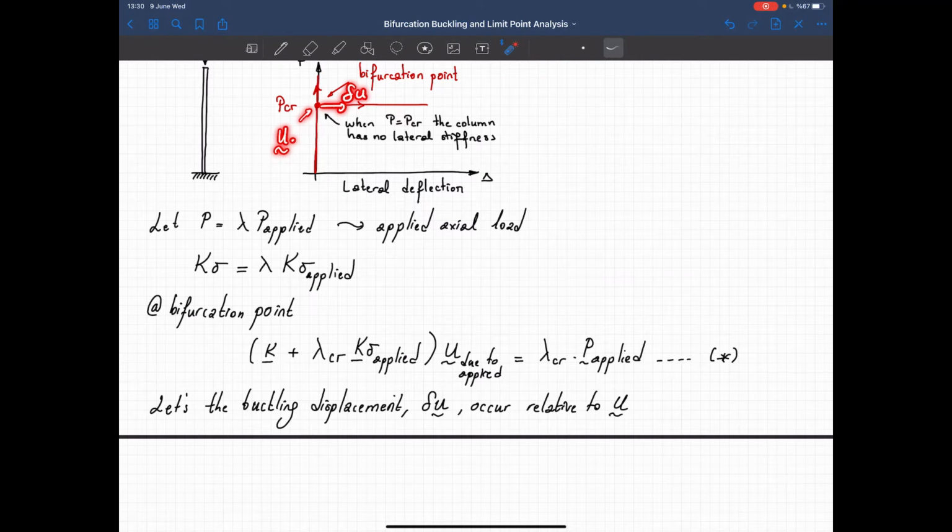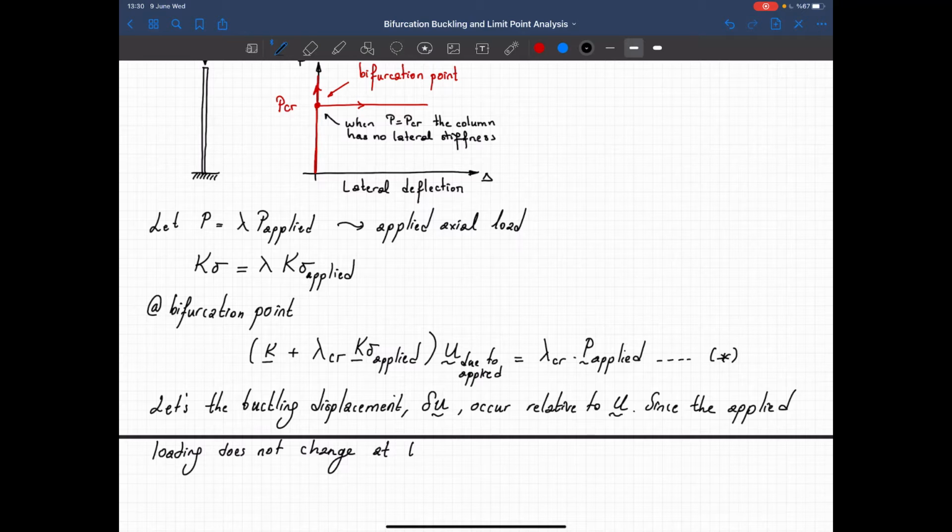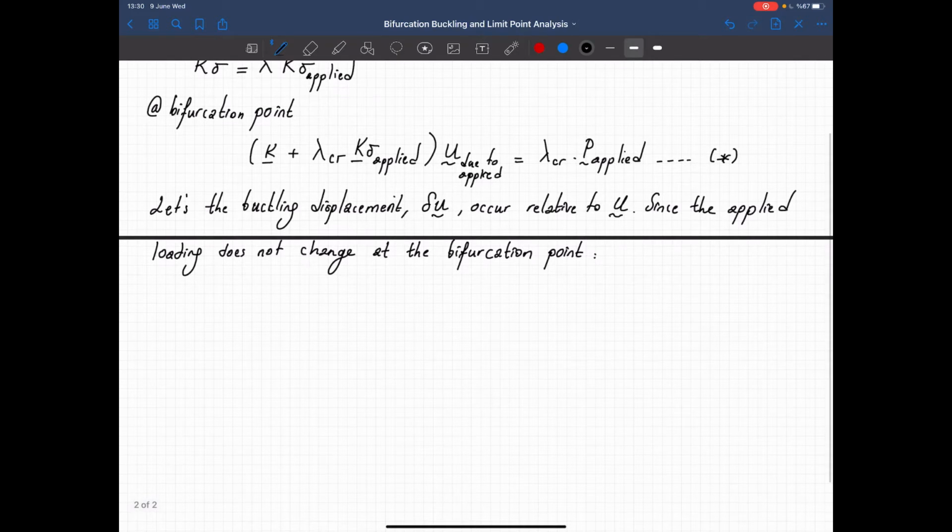After that, we can have delta U. Now, since the applied loading doesn't change at the bifurcation point, we can write the following equation.